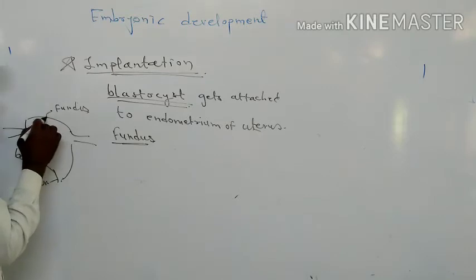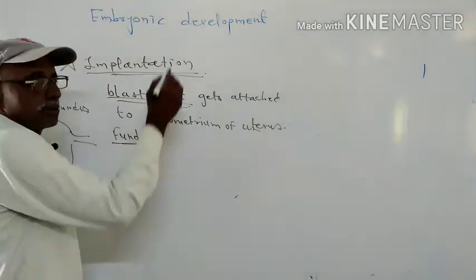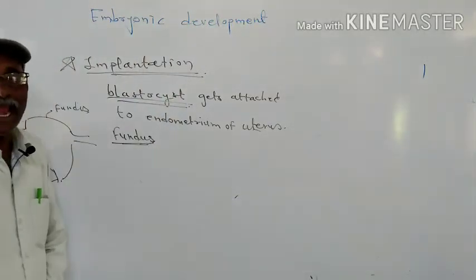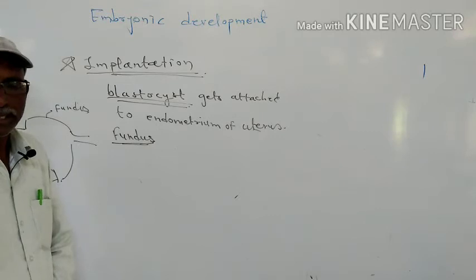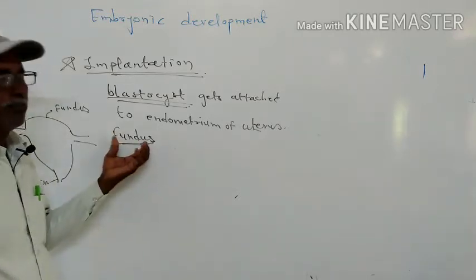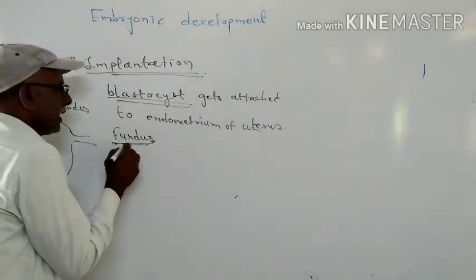So at this fundus point of the uterus, the blastocyst gets attached after 7 days. Near about 7 days, it begins to implant. And what happens?